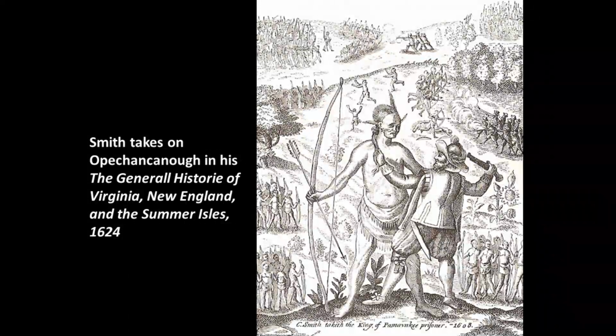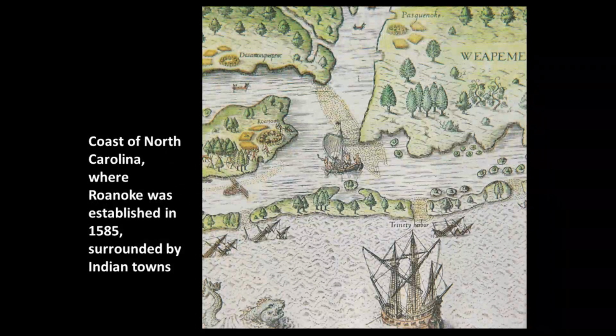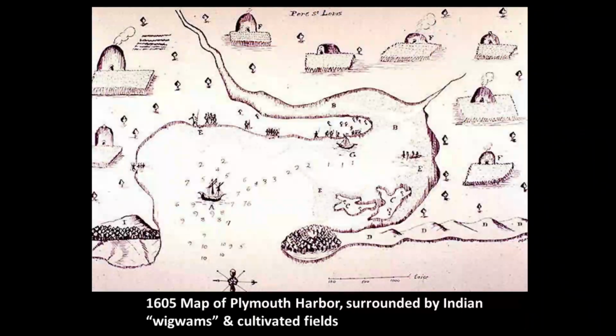Another thing to think about would be the geopolitical landscape. So here we have the coast of North Carolina, where I'm standing, and you will see all those native settlements all along the coast. Or if we go up to Plymouth, here's Plymouth Harbor.